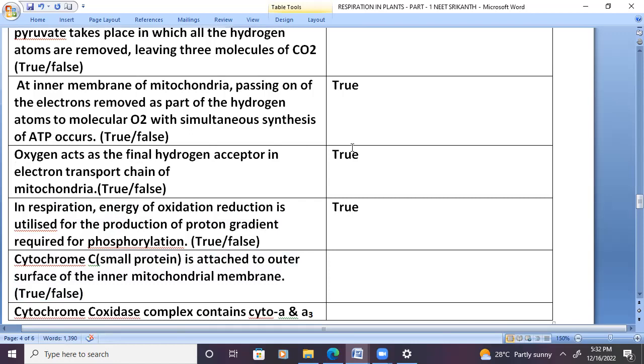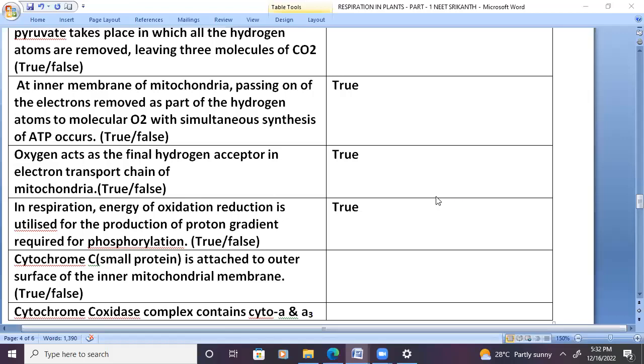Cytochrome c, small protein, is attached to the outer surface of the inner mitochondrial membrane. True.